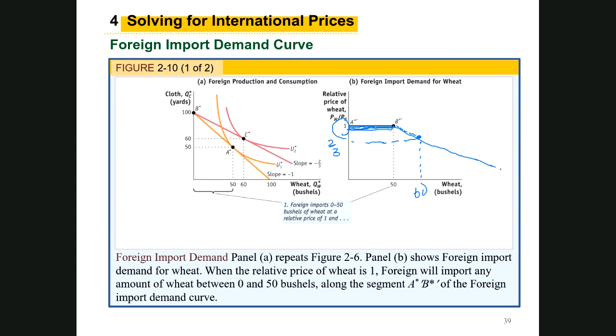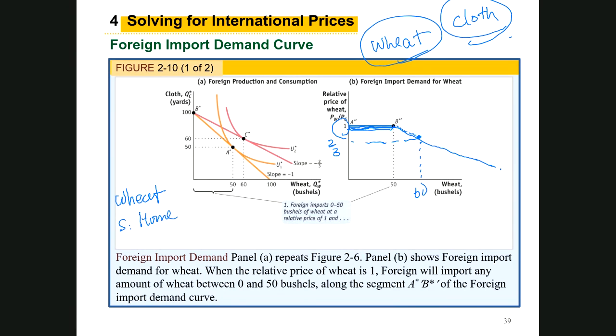So, this is the wheat market, right? Based on this, you should be able to draw out the clothes market as well. For wheat, the supplier is the home country, and the demand is the foreign country.